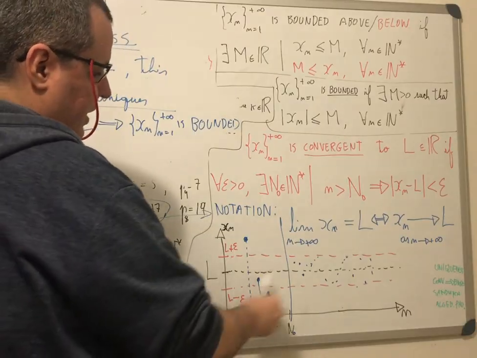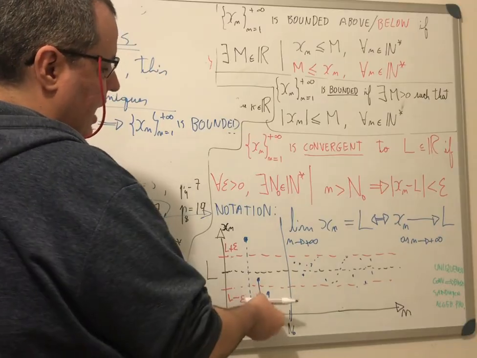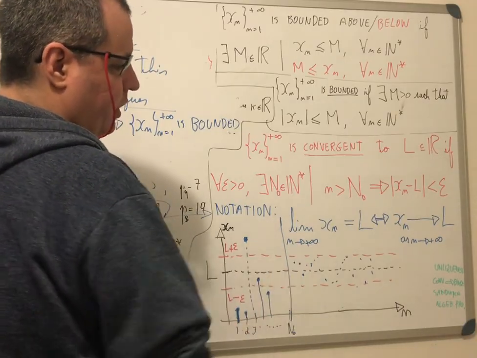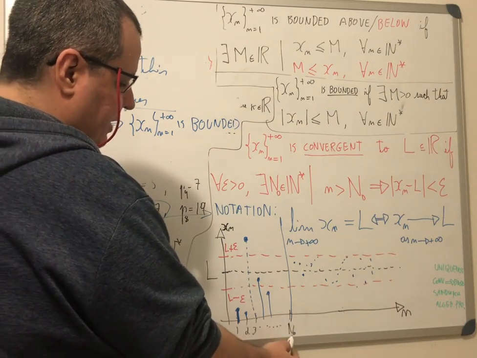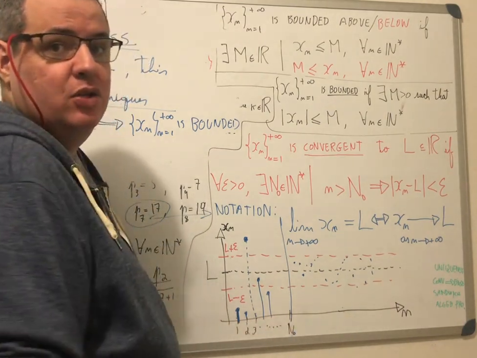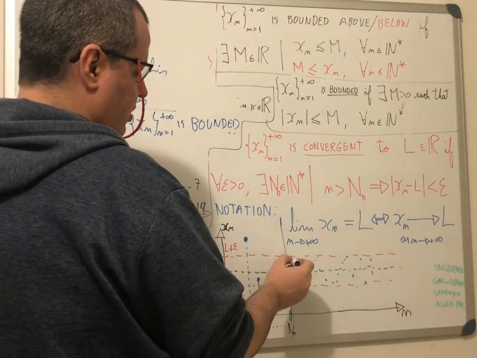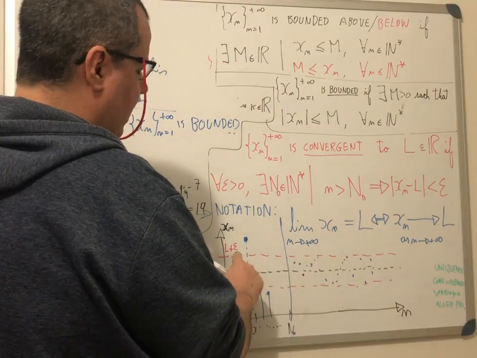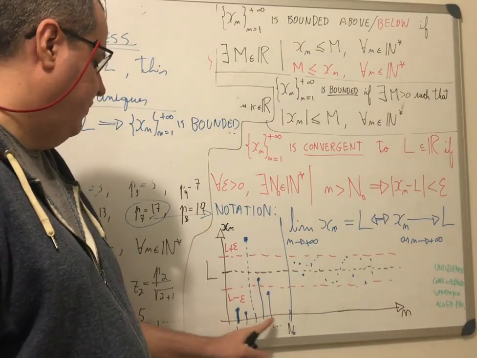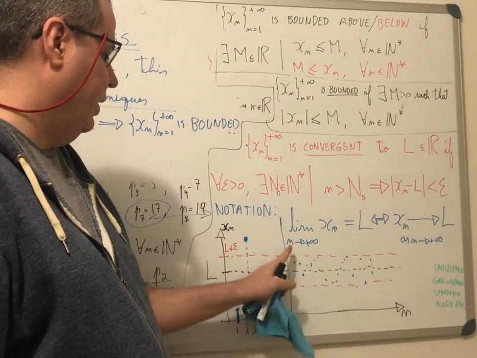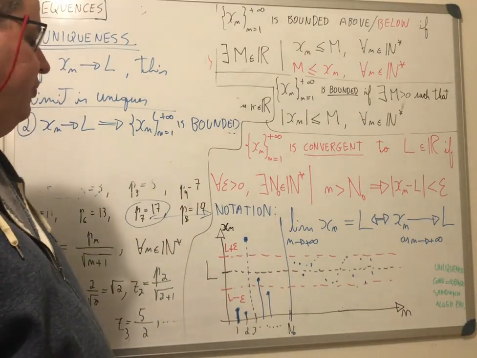So if this is a diagram representing a convergent sequence, what is the upper bound for the sequence? Well, before n0, you have finitely many values of the sequence. Pick the largest one and also pick L plus epsilon, and for sure the highest between the highest value until n0 and L plus epsilon is the upper bound. So it's bounded from above.